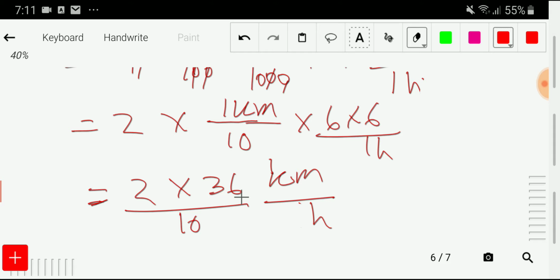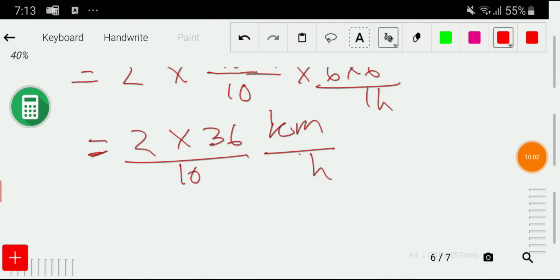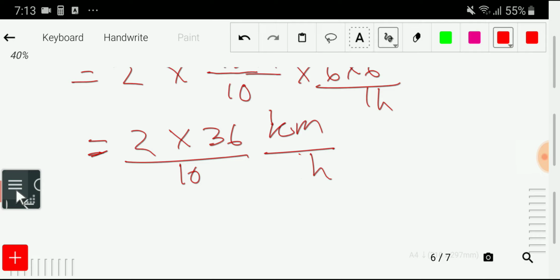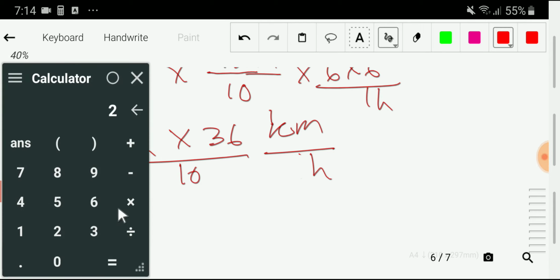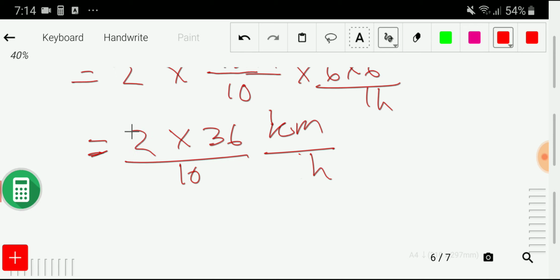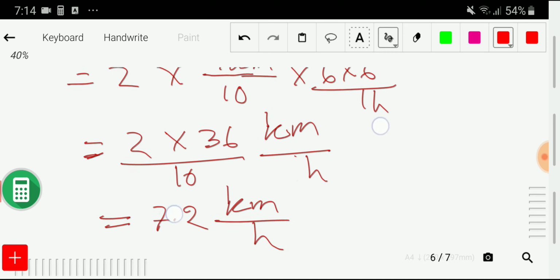So let me use my calculator now. We have to multiply 2 times 36, divided by this 10. So we are getting 7.2 kilometer per hour.